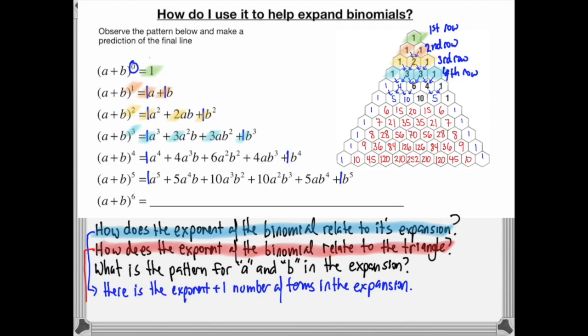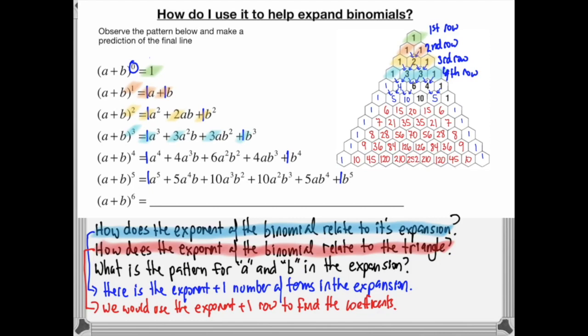A good sample answer would be that we would use the exponent plus 1 row to find the coefficients.